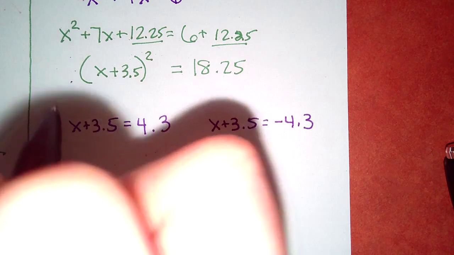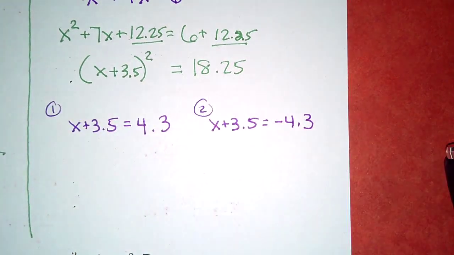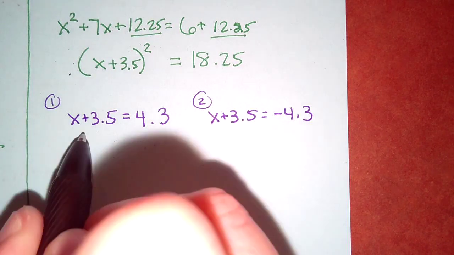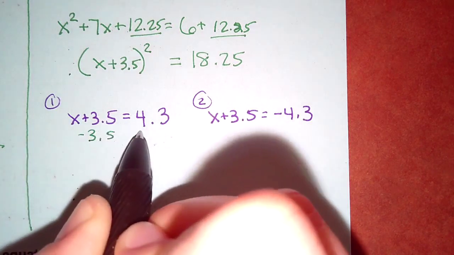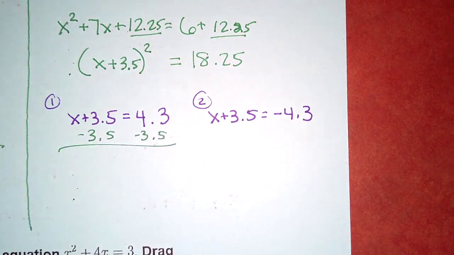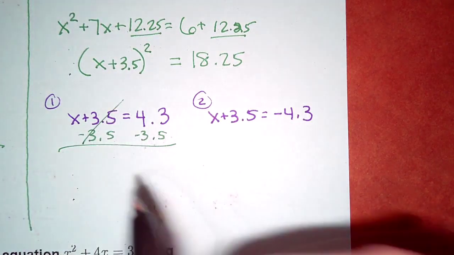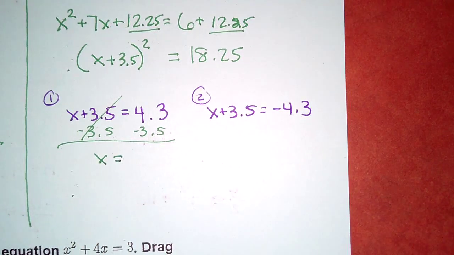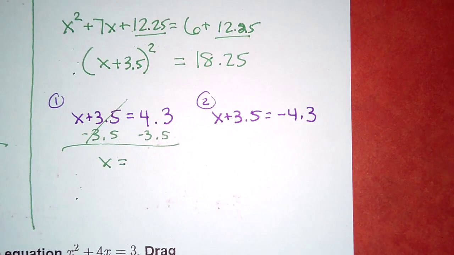If you want to label it like 1 and 2 like we've been doing, that's fine. First equation, to get x alone, subtract 3.5. These cancel. x equals 4.3 minus 3.5, 0.8.